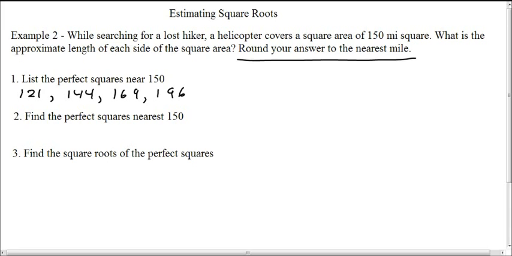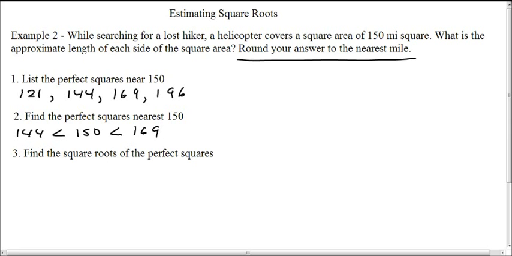So what I see when I look at a subtraction is that 144 is near it, but we know that it's less than 150. And I also see that 169 is near it, but it is greater than 150.